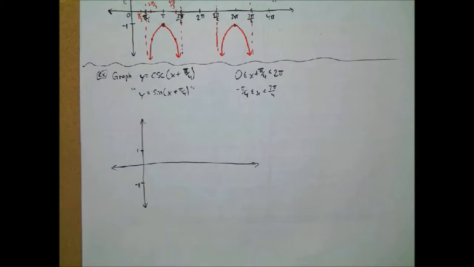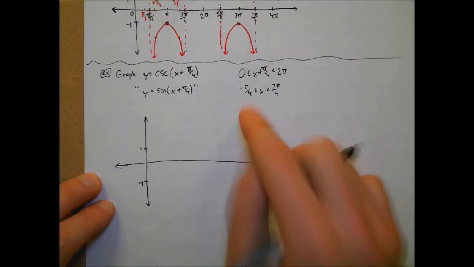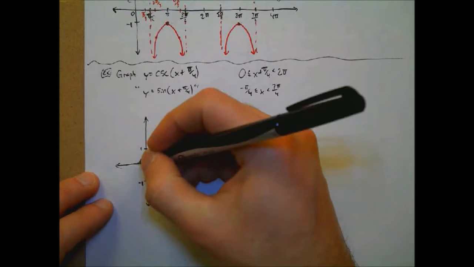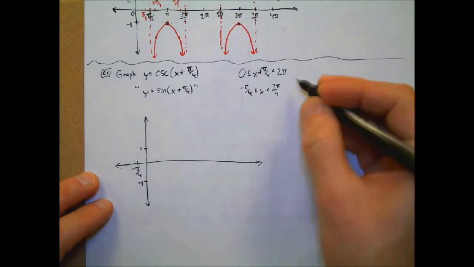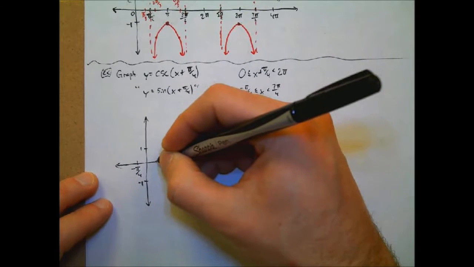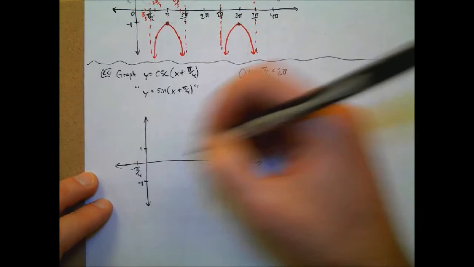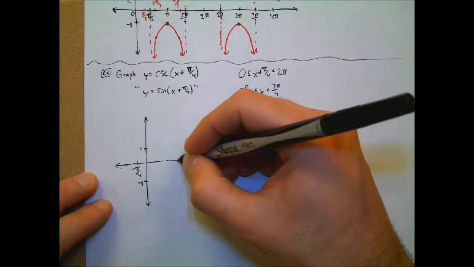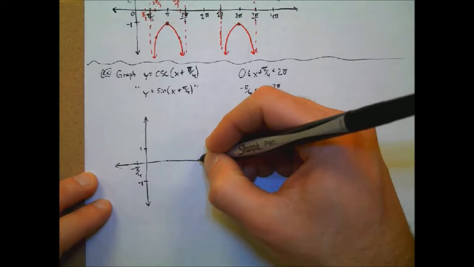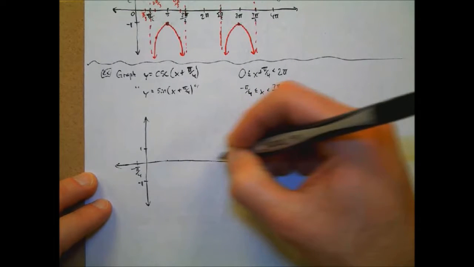I have to go left to negative pi over 4, and all the way out to 7 pi over 4. So that was 1, 2, 3, 4, 5, 6. I didn't leave myself much space. I'm trying to keep it evenly spaced, that's all.